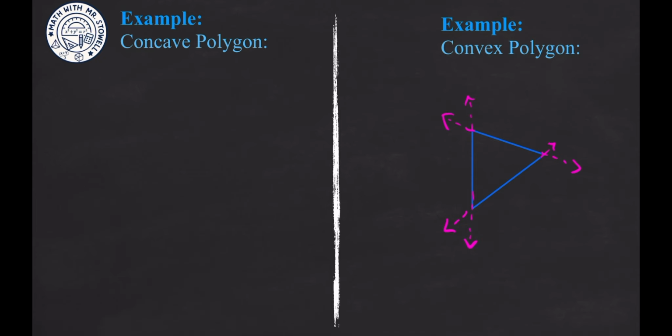Let me show you an example of a polygon that is concave. So if we have this shape right here, let's put some lines on here. Let's extend these line segments. Extend the line segments. So far, so good. We have not entered into our shape again.